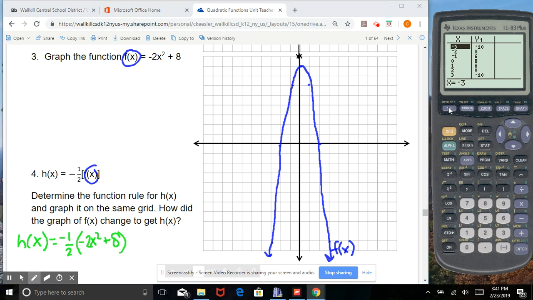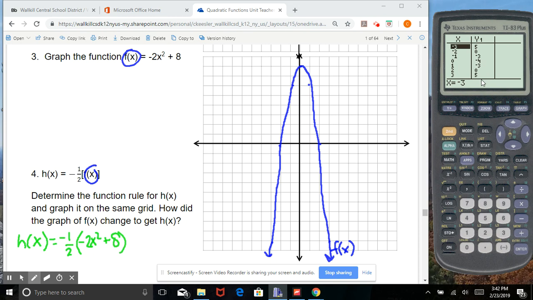So we can go to our y equals, clear what's there, put in negative 1/2, then another set of parentheses, negative 2x squared, plus 8, close the parentheses, pull up the table.